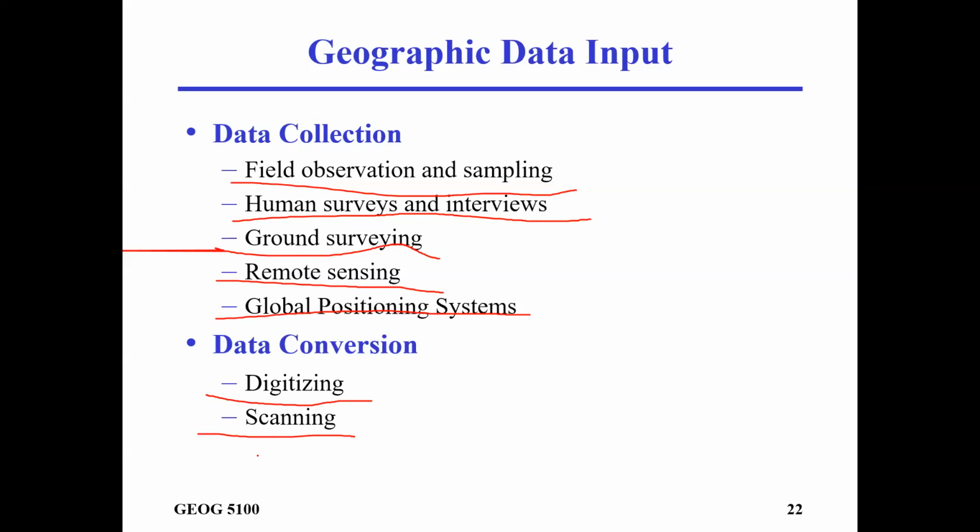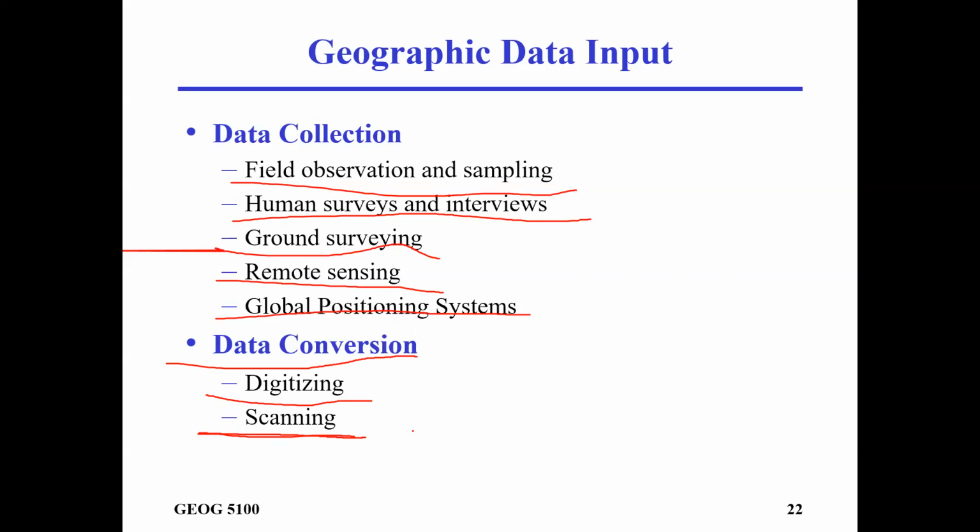Okay, but since we're talking about data conversion here, scanning is actually a pretty good data conversion method to transfer hard copy data or analog data to digital data, right?